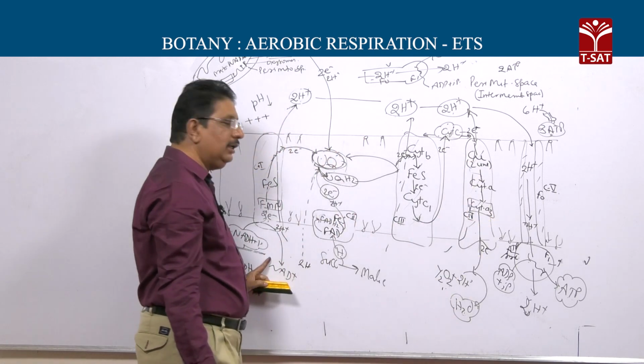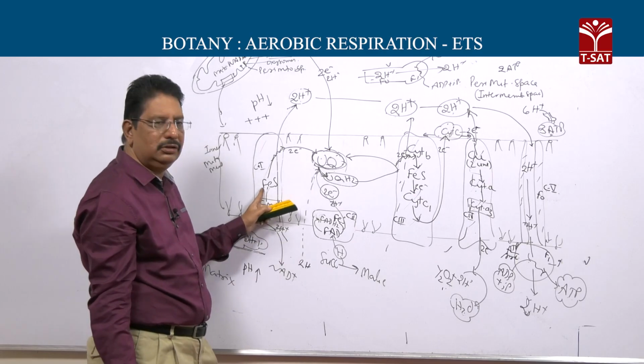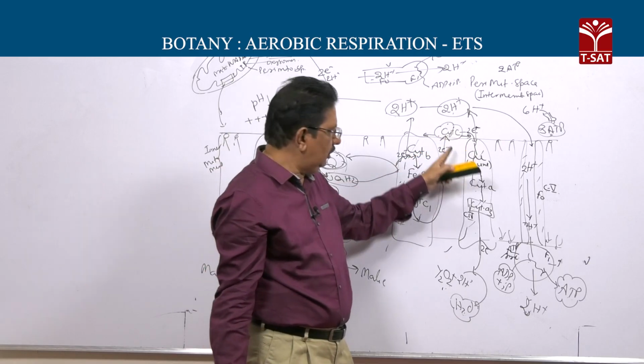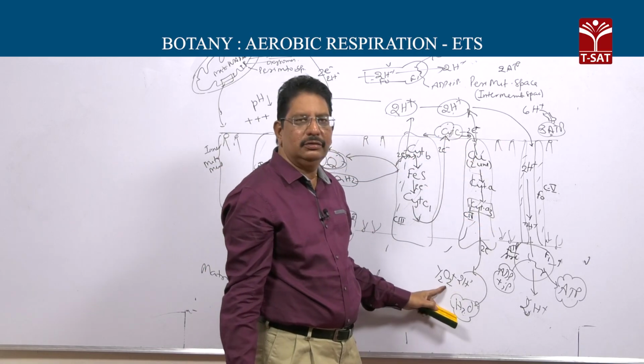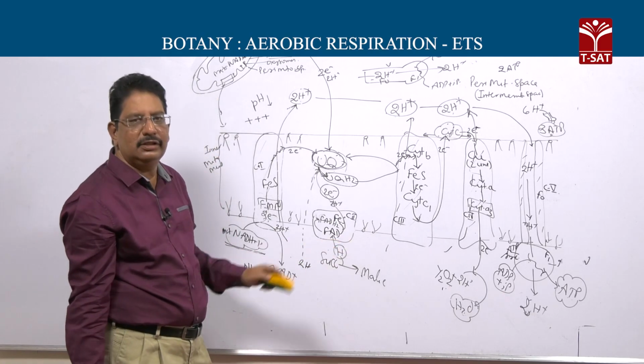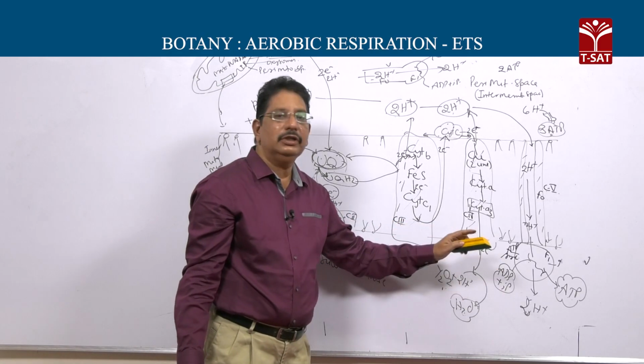But mitochondrial NADH oxidation starts with complex 1, ubiquinol, complex 3, cytochrome C, complex 4 and oxygen. So different types of reduced coenzymes' oxidation yield different amounts of ATP.